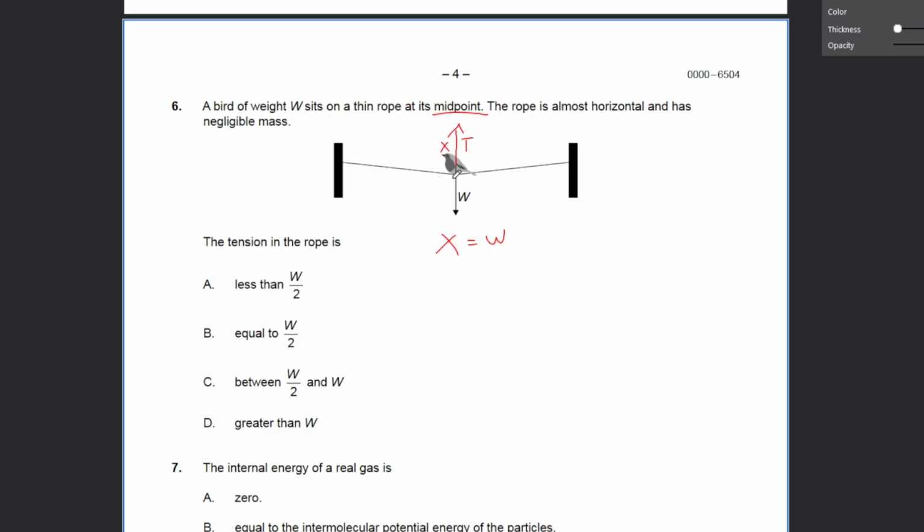Now, x is going to be 2 times T sine of theta. T is the tension here. I'm multiplying by 2 because we have the tension evenly distributed between 2 ropes on each side. So this T sine of theta is just from one side, and this is equal to W.